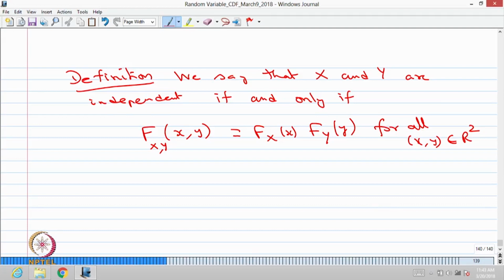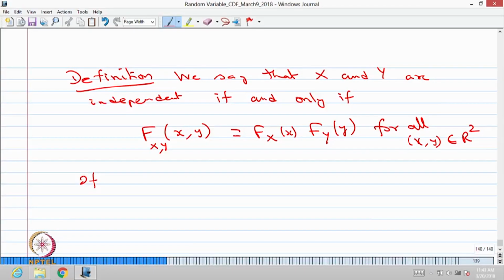Here we are saying the two random variables are independent if and only if the condition on the CDFs holds. That means, for any pair of Borel sets, suppose I take the Borel set A and another Borel set B of the real line.